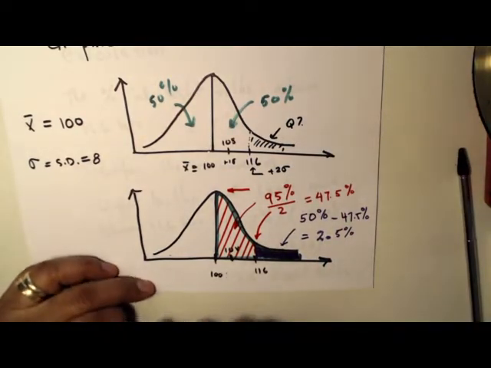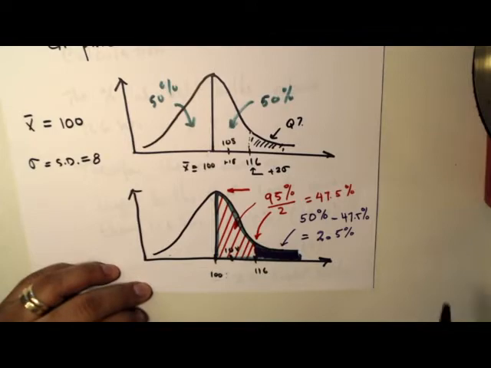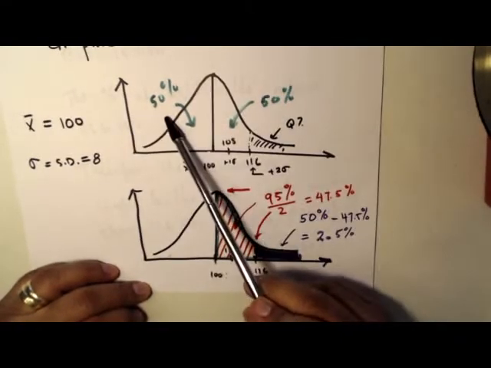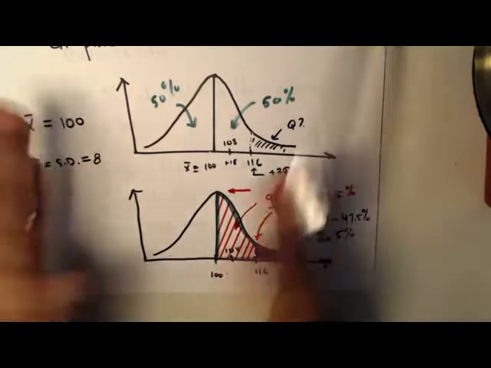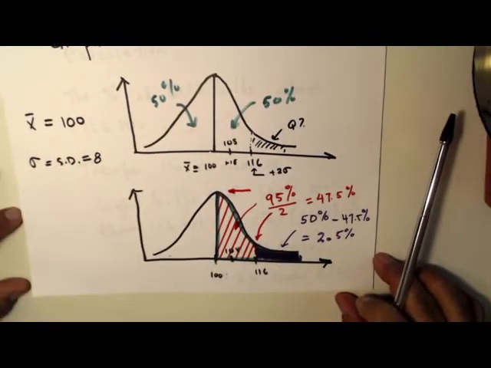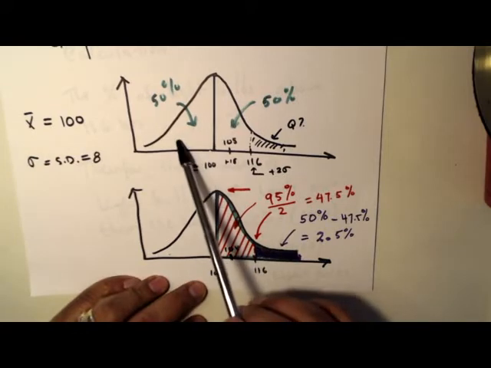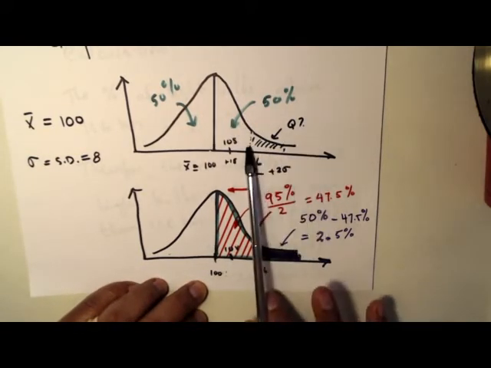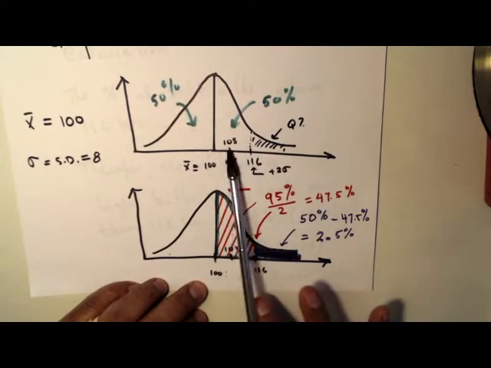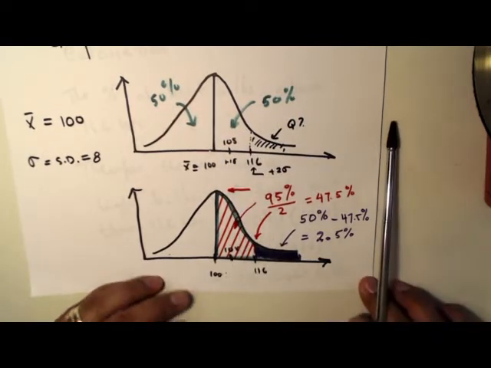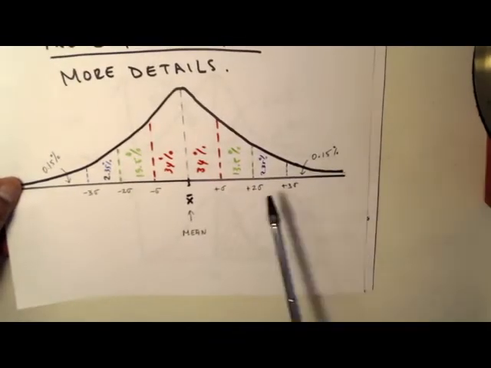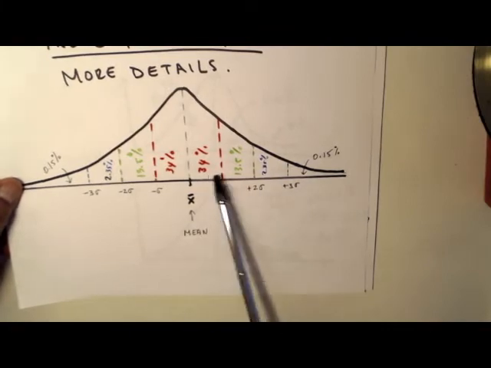To do that, we recognize that we can cut the bell shape in half, so we get 50% and 50%, right? Because if we fold this, it's a symmetrical shape, so 50% of the data will be here, 50% of the data will be here. Now, we know to some degree what's here because we have our shapes.